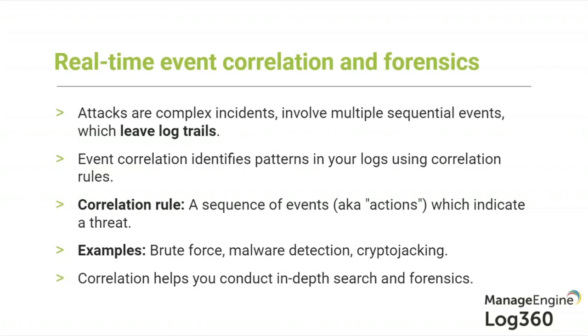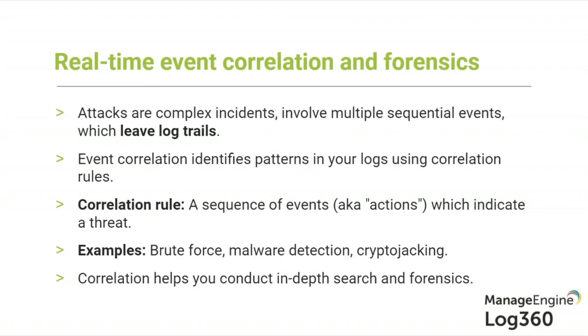Event correlation is really flexible and so powerful. It can be used to detect various types of attacks. It can detect brute force, or malware installations. It can detect lateral movement, which we just spoke about. It can detect cryptojacking, which is one of the most modern types of attacks. I'll be discussing some of this in a little bit more detail once I show you our product.